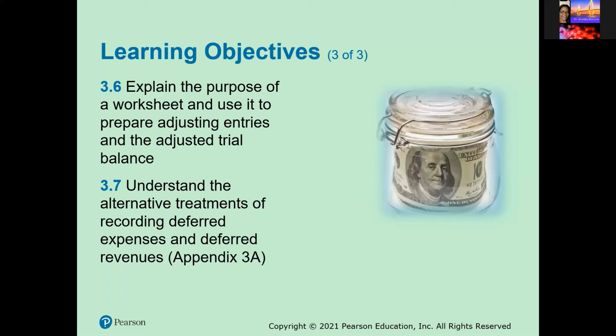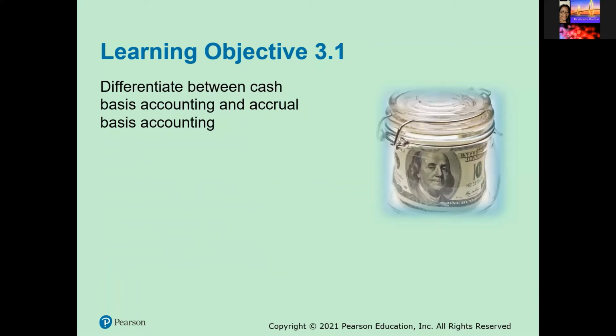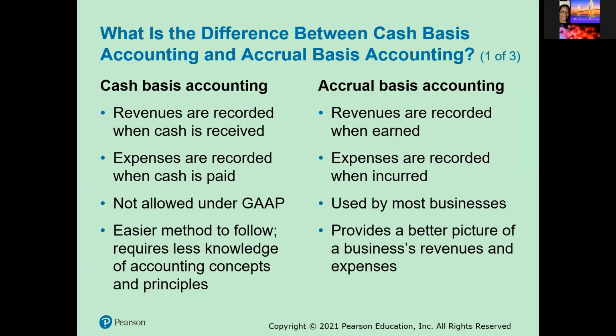So beginning with the first one, differentiate between cash basis accounting and accrual basis accounting. What is the difference between cash basis accounting and accrual basis accounting? There are 2 ways to record transactions. One is using the cash basis accounting, and of course the other is accrual basis accounting.